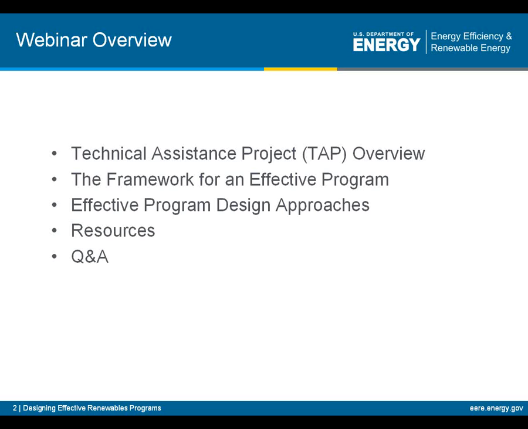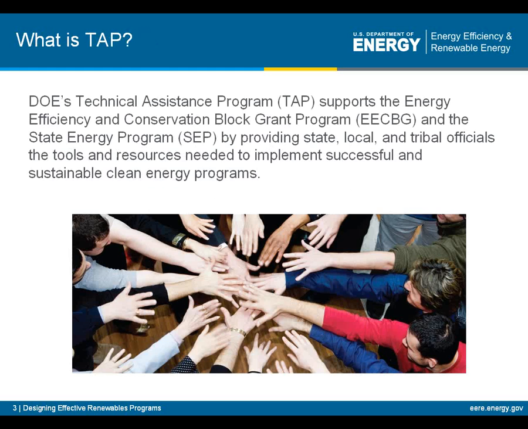Then I'll dive a little deeper and talk about the details of decisions you need to make for 3 of the most commonly used renewables program designs, and provide you with some resources to get more information going forward, sprinkled throughout the presentation actually. Then I hope we have some time for questions and answers at the end.